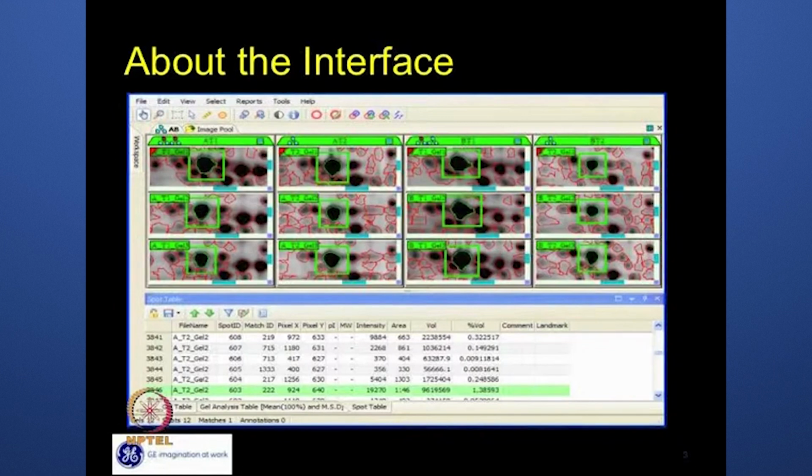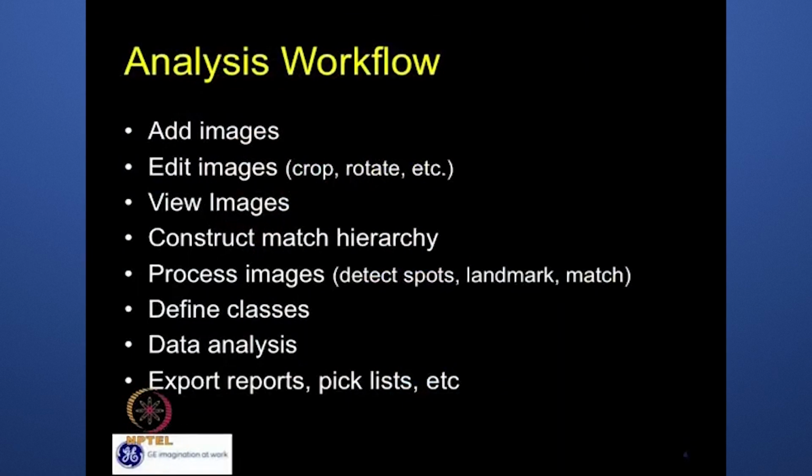Then if we look at the complete workflow of this software, first we need to add images, then edit gel images. The editing is very important because during scanning one may have some extra portion of the gels as well as some streaking of the gels at the cathodic end or anodic end.